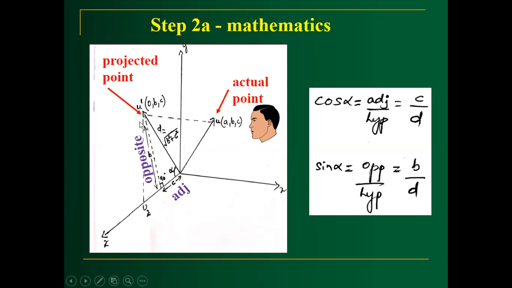Now these are all called normalized projections. You can see here I'm drawing it, and again a dotted point here. These are all normal views only.